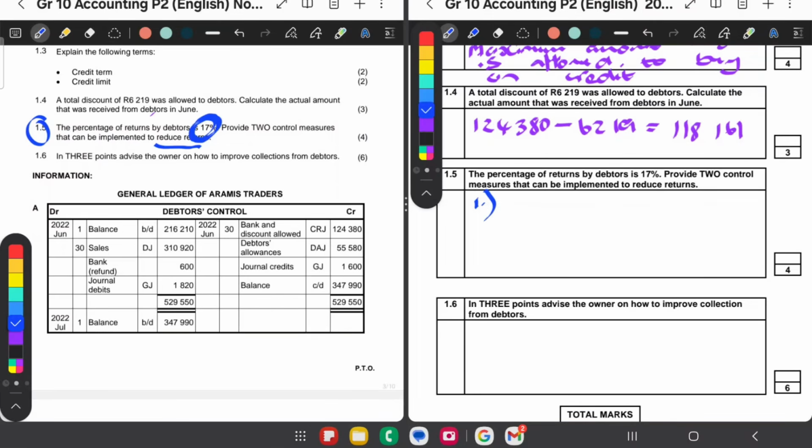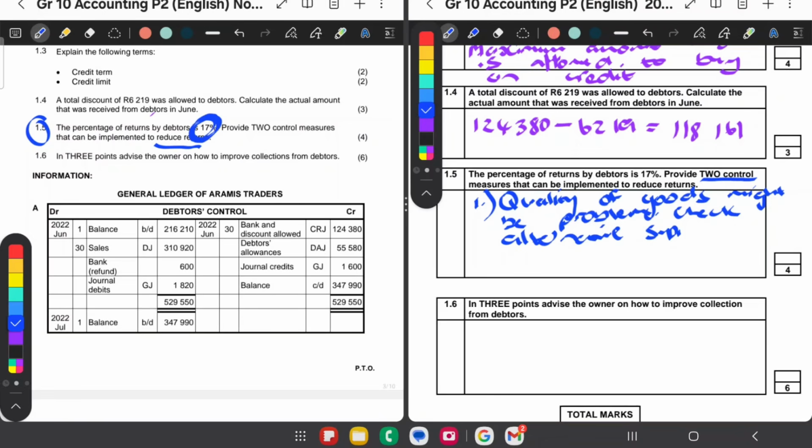So number 1. So we have to give 2 control measures. The quality of the goods might be a problem. So remember, we buy our goods from a supplier. So check alternative suppliers.